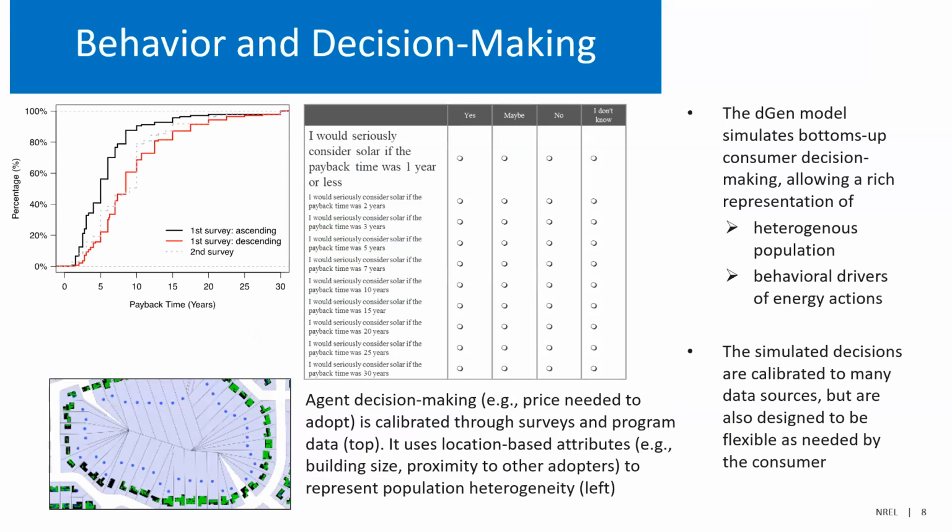I think the key crux of the dGen model, or the modeling framework here, is we want to capture behavior and decision making at the core of it. So we talked about all the technical aspects of it, all the economics aspects of it, but how agents in this particular framework can make decisions unilaterally or as a group together, simulating an agent's behavior.